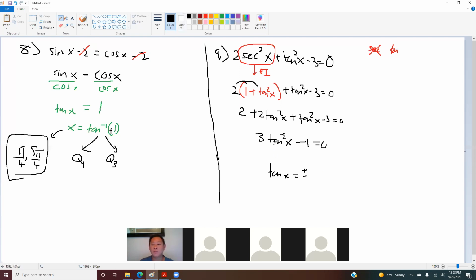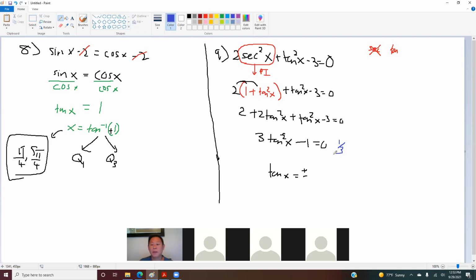Anyone know what this is when you solve for x, or tangent x? So this is 1/3, right?